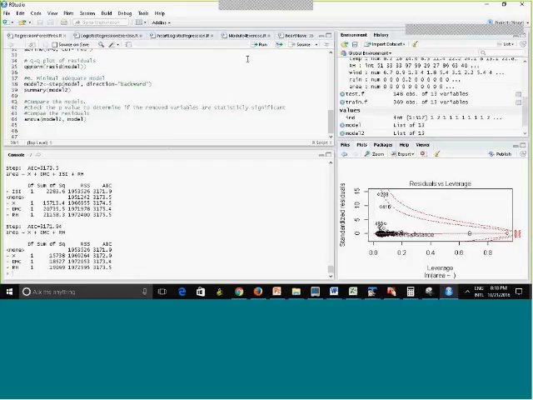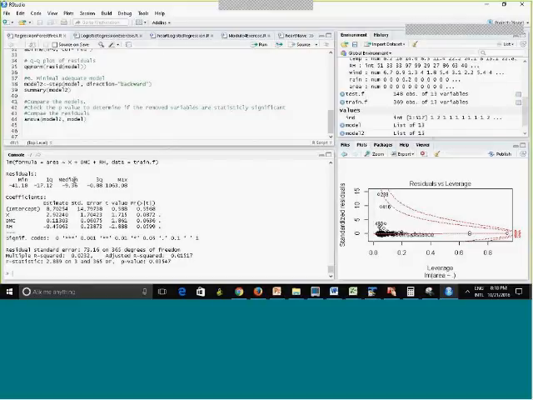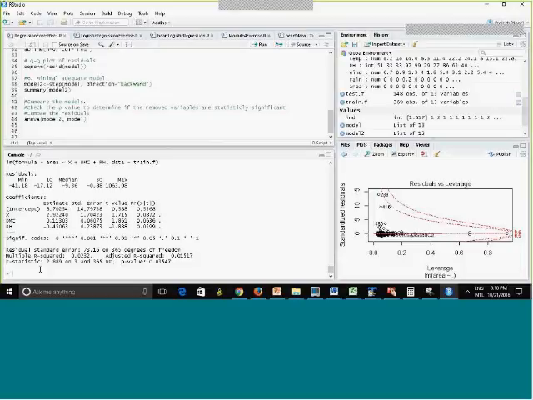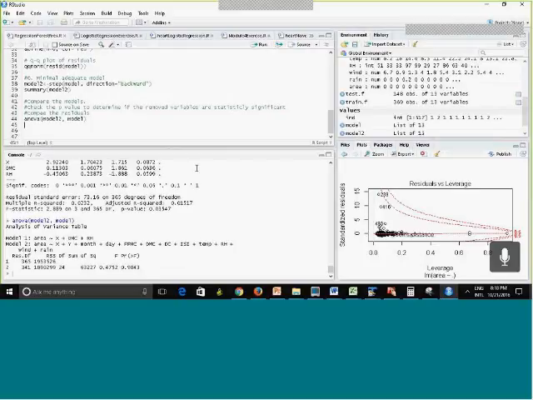We can print this here, summary. Okay. And now I'm going to run this. This is an ANOVA function, and its first input parameter is the short model, the short version, and here is the new version, right? It's showing me the difference, and I'm going to compare this number.